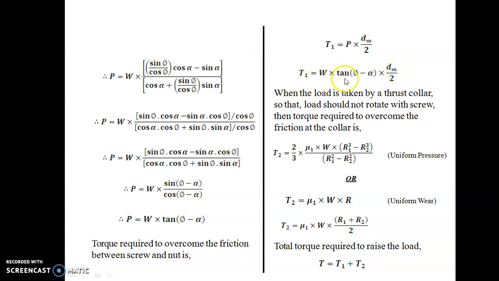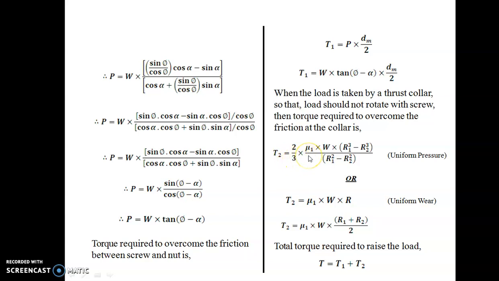T1 is equal to W into tan of phi minus alpha into dm by 2. If the load is taken by a thrust collar so that the load does not rotate with the screw, then the torque required to overcome the friction at the collar is given by either the uniform pressure theory or the uniform wear theory. We denote that torque by T2, the torque required to overcome the collar friction.